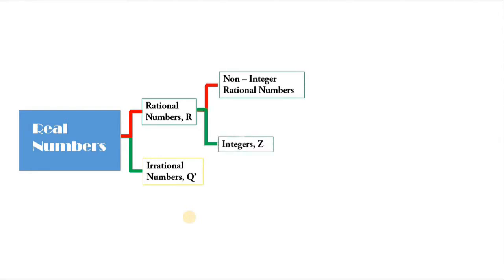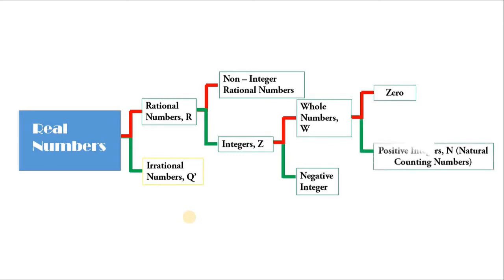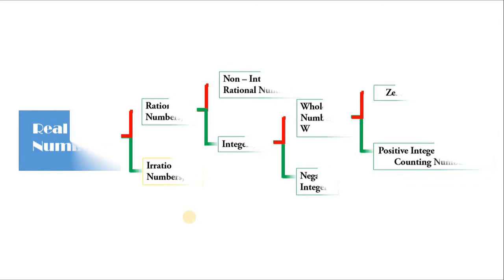And we have the integers Z. The symbol for integers is capital letter Z. Under integers, we have the negative integers and we have whole numbers or W. Under whole numbers, we have 0 and we also have the positive integers or N, natural counting numbers. So that's our focus for today's video.